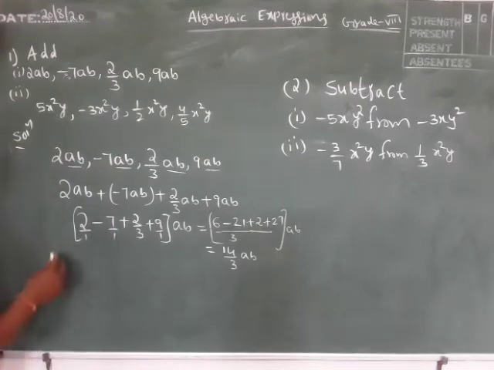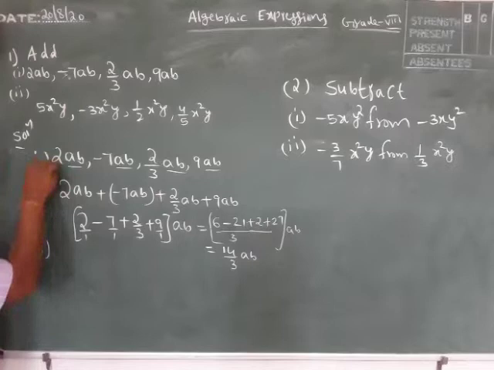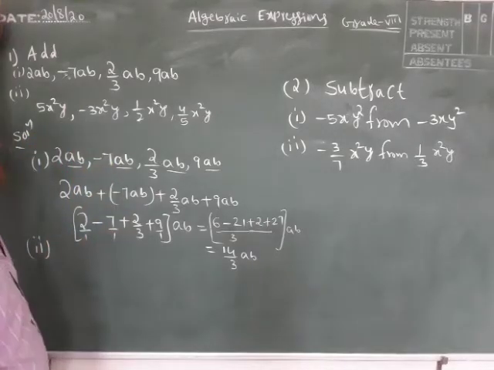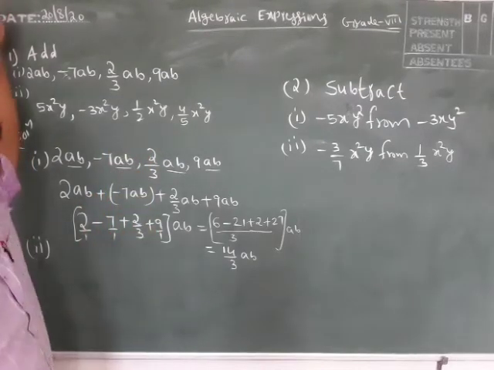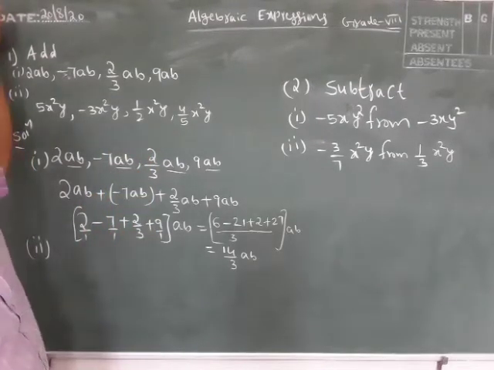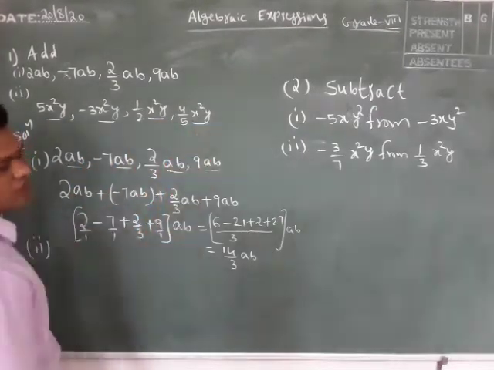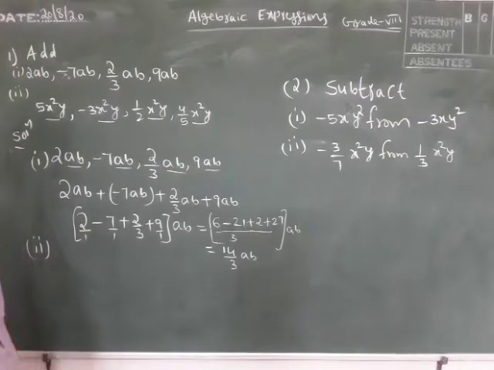What do they give in the second? See, second one: 5x square y, minus 3x square y, 1 upon 2x square y, 4 upon 5x square y. First see, x square y means like terms, you can add.